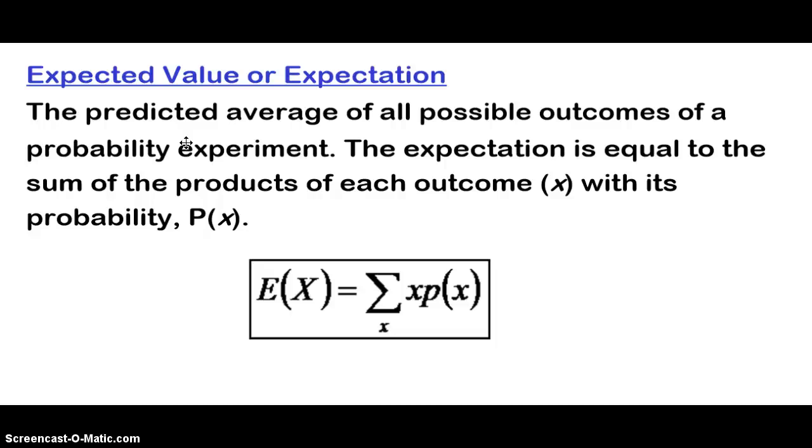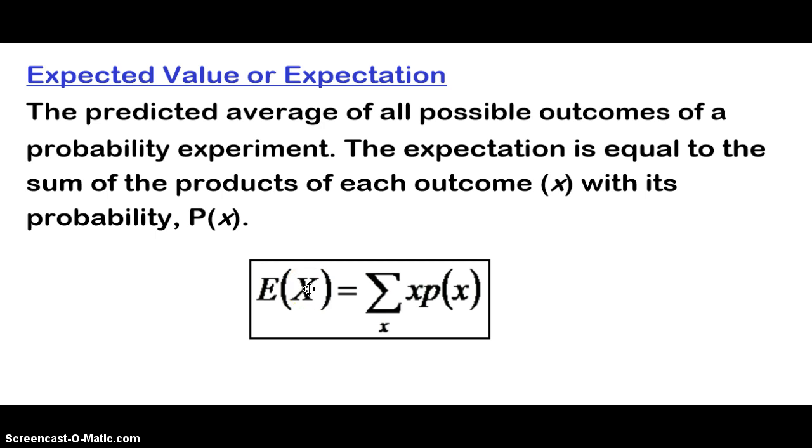The expectation, or the expected value, the way we calculate it, is equal to the sum of the products of each outcome with its probability. So notice we have some special notation down here. This means the expected value of x, where x is some sort of random variable. So it could be, for example, in our roll of a single die, x is either 1, 2, 3, 4, 5, or 6.